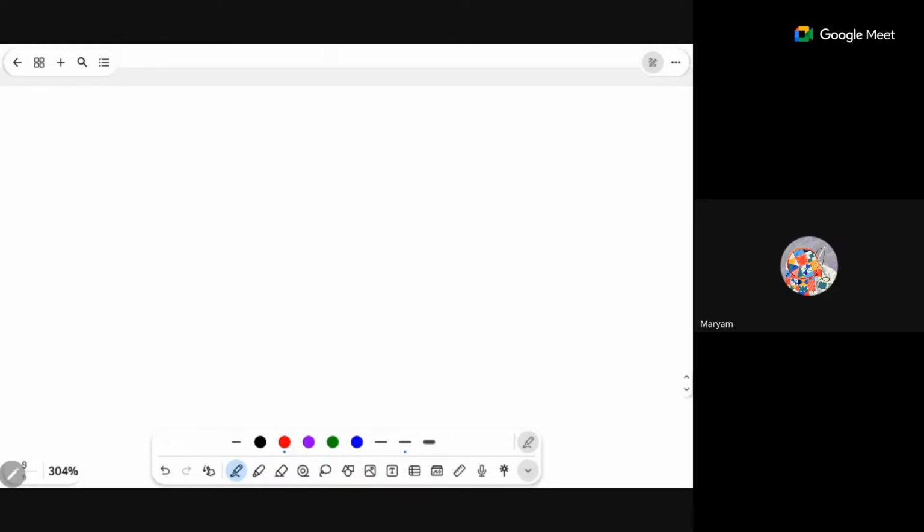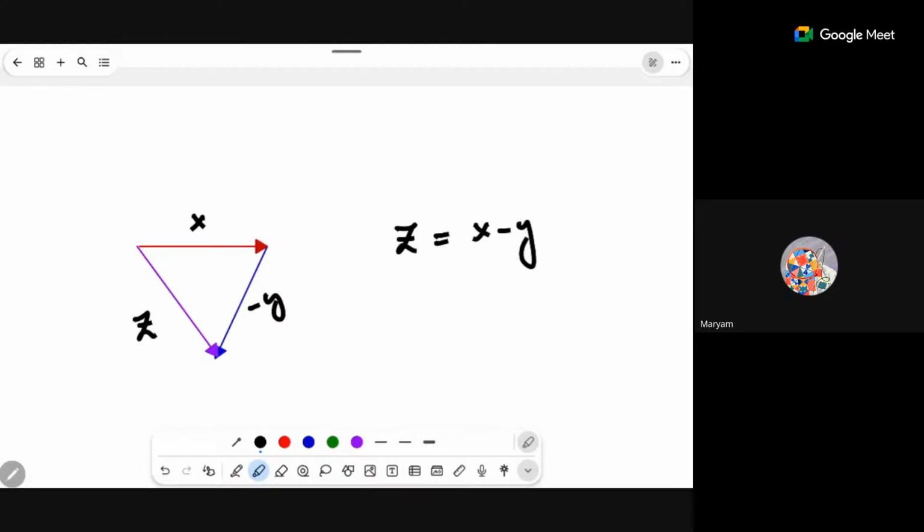So now I'm going to draw them in this way. x was here and negative y was in this direction, and that is why your resultant z was in this direction. So this is your x, this is your negative of y, and this z is giving you an equation of x and minus y.